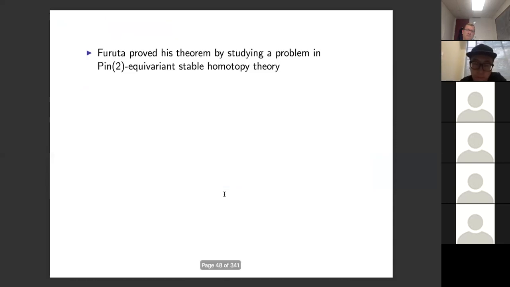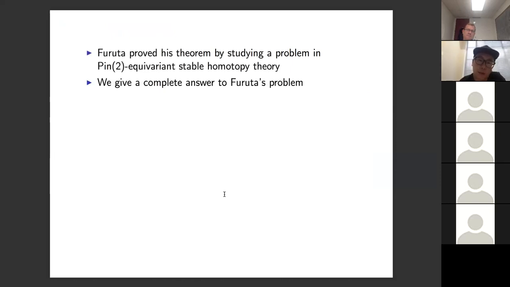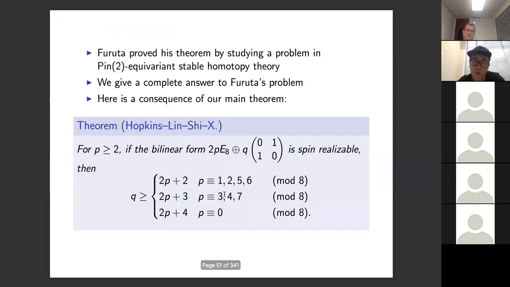He proved the theorem by studying a problem in Pin(2)-equivariant stable homotopy theory. In the work I'm going to talk about today, we give a complete answer to this problem in Pin(2)-equivariant stable homotopy theory. Here is the consequence of our main theorem: if this bilinear form is spin realizable, then this is the inequality it will satisfy.